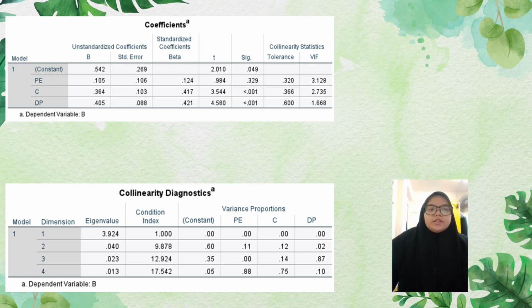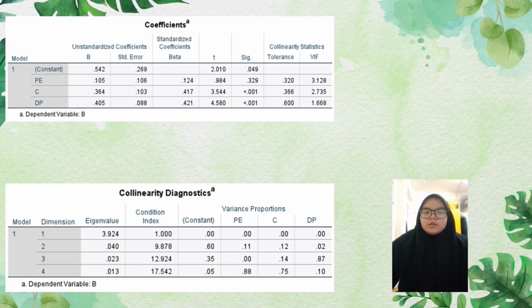The multicollinearity table presents collinearity statistics for the regression model that includes the independent variables and the dependent variable. In this model, the tolerance values for the independent variables PE, C, and DP range from 0.320 to 0.600, while the variance inflation factor, VIF, values are between 2.375 and 1.668.